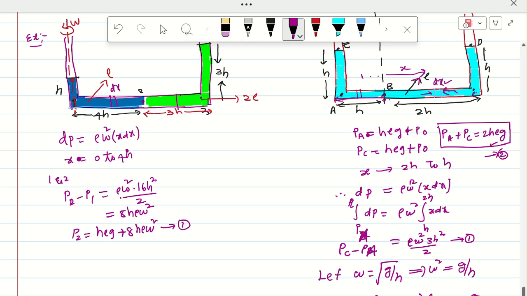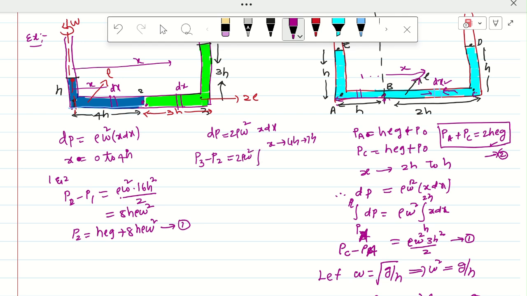Similarly, here you take a dx element in the 2D from the x axis only, the x distance from the axis, you have to consider this also. Then the difference in pressure is equal to 2 rho omega square into x dx. Now integrate again from 2 to 3, so P3 minus P2. Here the integration of x varies from 4h to 7h, so we are finding P2 only. So x is from 4h to 7h.